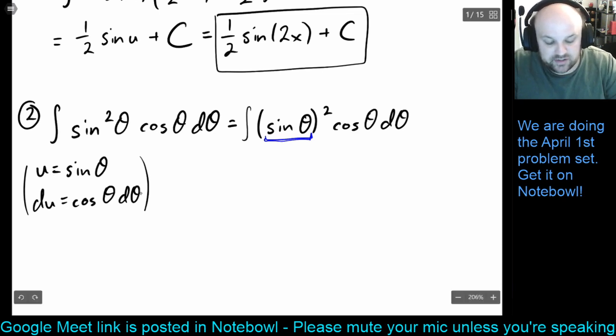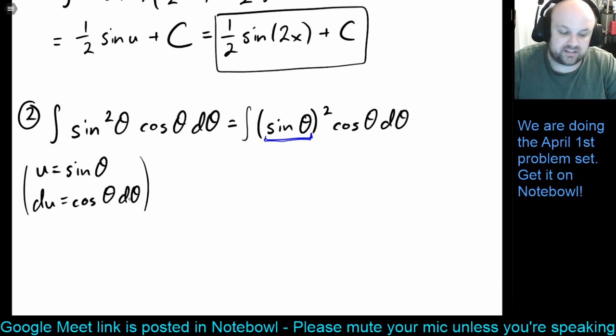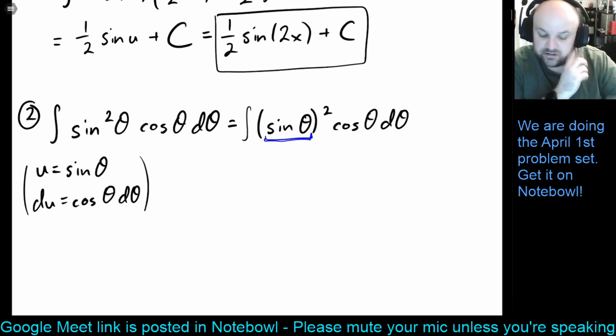You could just solve for d theta explicitly and see if things cancel out. At the end of the day, your goal is really to swap everything from whatever your original variable was to whatever you're calling your substitution. Usually we call it u, but it doesn't really matter what you call it, as long as it's not like d or theta.